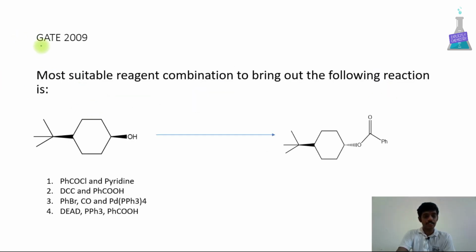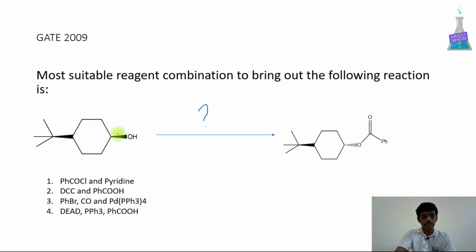You see, this is a question which is taken from GATE 2009. The question is, the most suitable reagent combination to bring out the following reaction is. This is the starting material, this is the product, and they are asking for the reagent. These are the options given: PhCOCl and pyridine; DCC and PhCOOH; PhCOBr and Pd(PPh3)4; DEAD, PPh3 and PhCOOH.